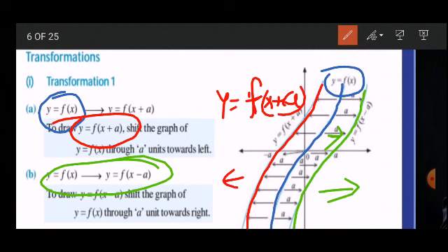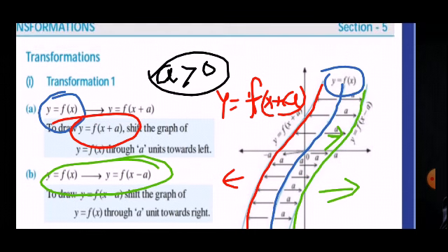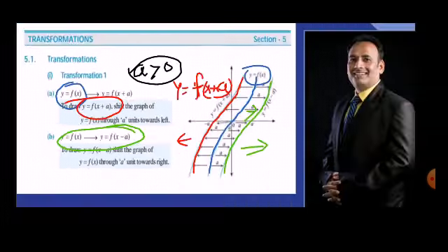So what we see over here, whenever we are adding some positive number, a should be positive. Mind this point, that is the point to be noted. Here a is considered as a positive number. If you take a as a negative number, then all things will be reversed. Fine, so this is the first transformation.